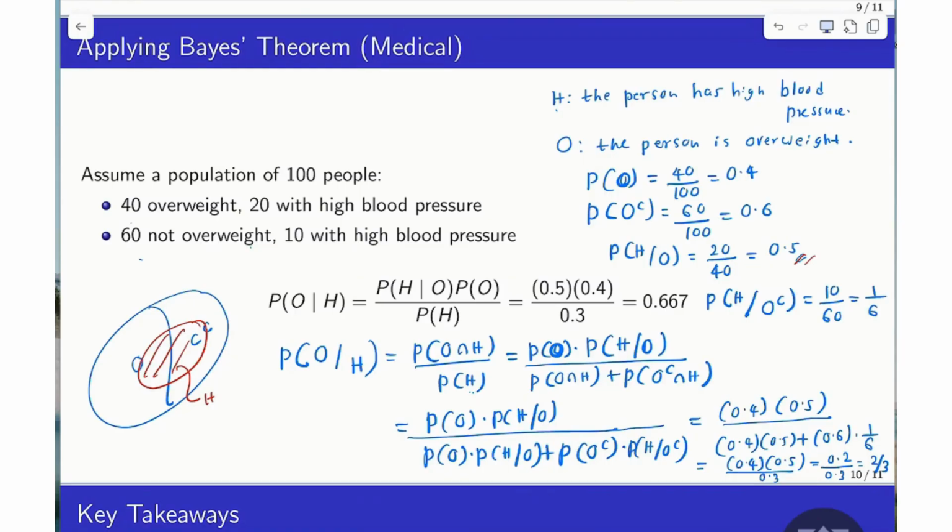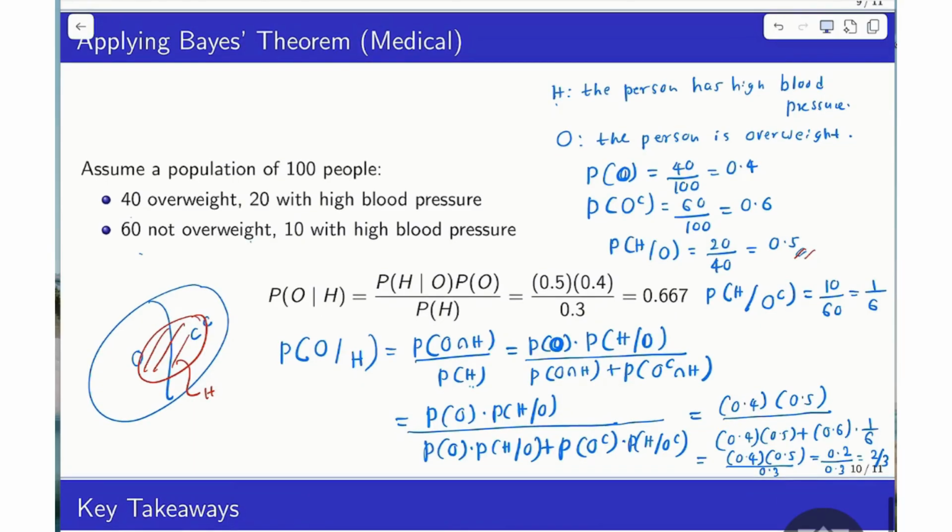That means a person who is overweight has a 50% chance of having high blood pressure, but a person with high blood pressure has a 67% chance of being overweight. Bayes theorem is what connects them correctly.